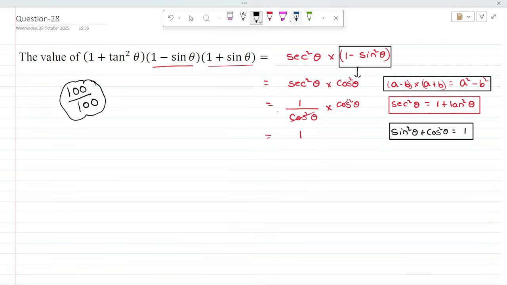Half mark cut, 99 put, all of that. You should not avoid these. You should mention whatever formulas you are using inside the question. You should not give a chance to that person to cut the mark. That is the only reason I am giving you all this.